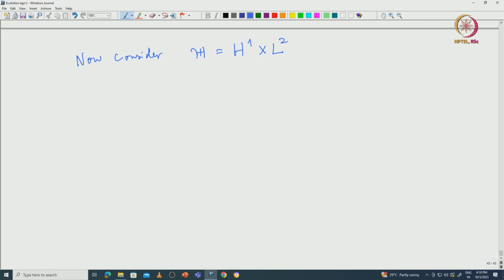So, if F2 is in L2, F1 is in H1. This is one possibility. And now G is the same, with 0, identity, Laplacian, 0, and now the domain of G is just H2 cross H1.